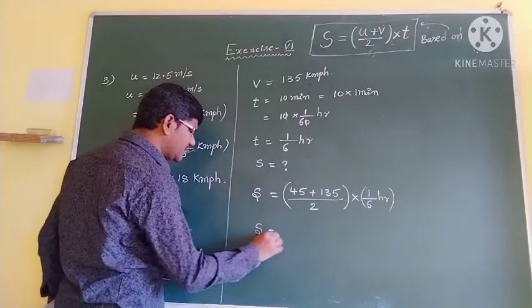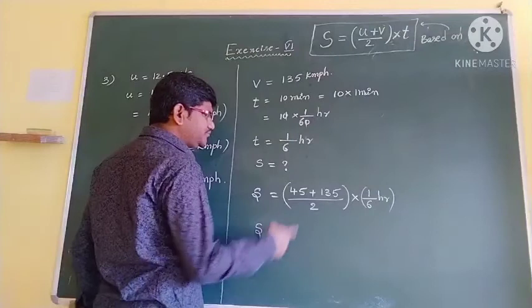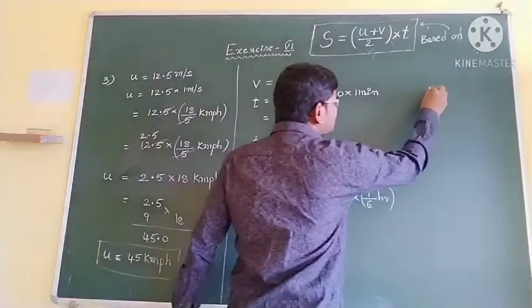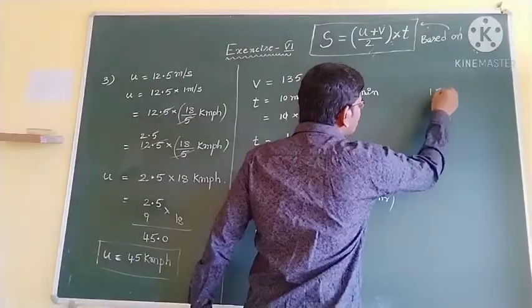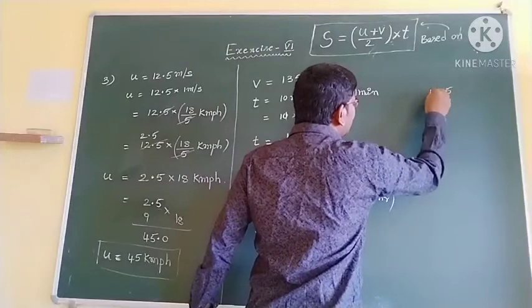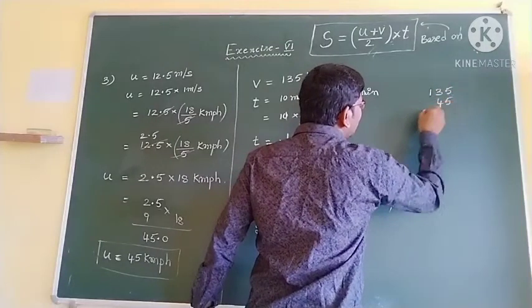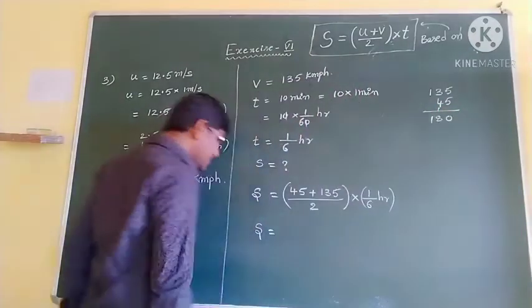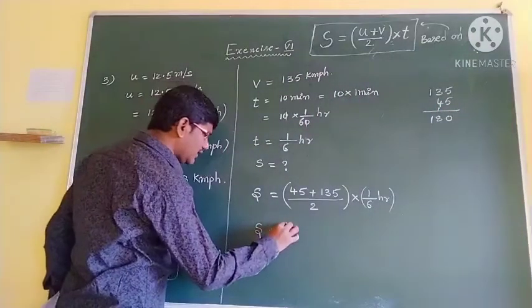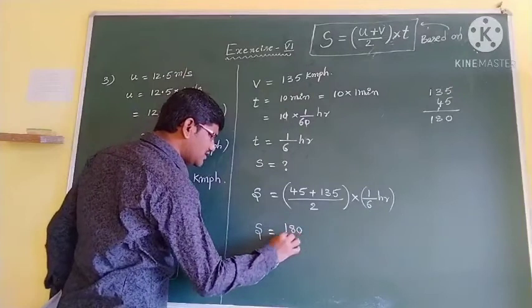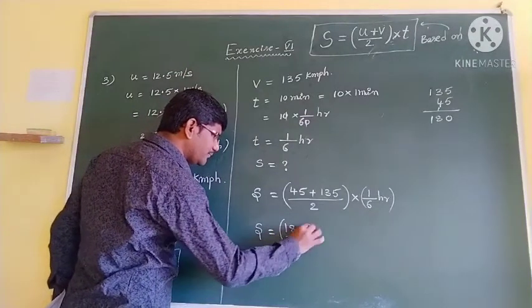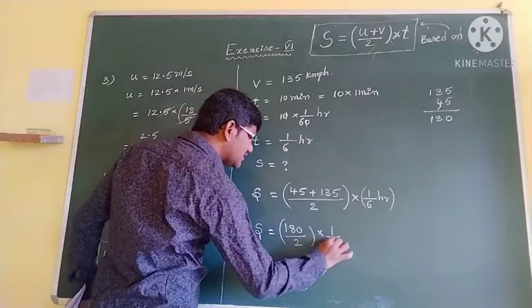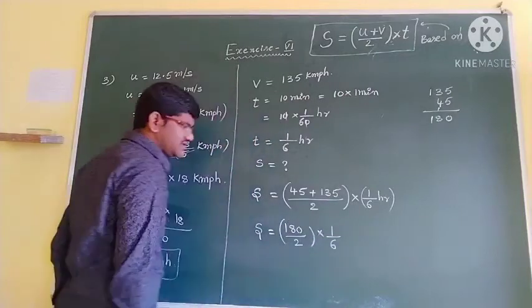Then displacement S is equal to 135 plus 45, that is 180, so you will get 180 by 2 into 1 by 6th.